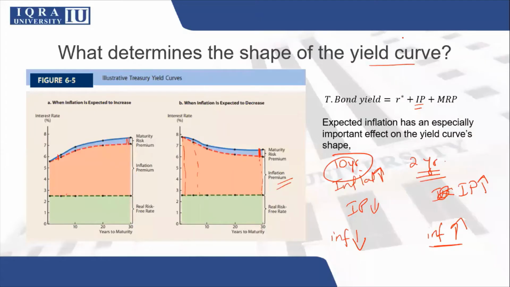Now it is also important to note over here that this kind of a graph is going to occur most probably when your economy is in a downturn, which means when your economy is in a recession, because that is usually when the prices tend to go down and when inflation decreases. Whereas this is going to happen most probably when the economy is expanding and everything is going well.